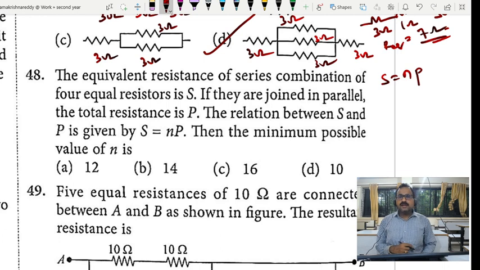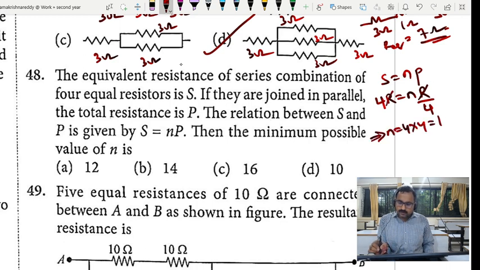So now equivalent resistance of series combination of 4 resistors, 4R only, and 4 resistors connected in parallel, what is the effective resistance? R by n only. This is nR, instead of n the number is 4 resistors: 4R and this is R by 4. R cancel, cross multiply, n is equal to 4 into 4, that is equal to 16.